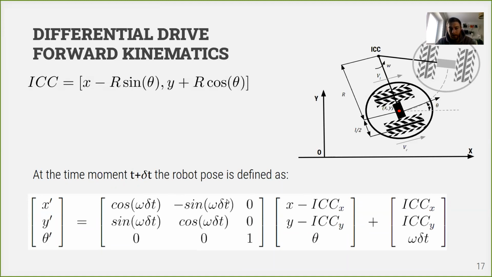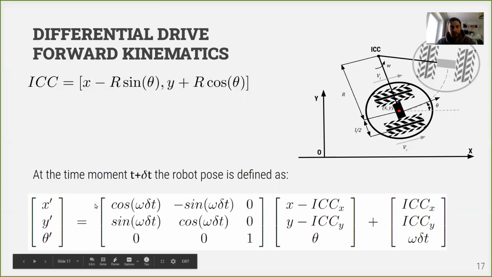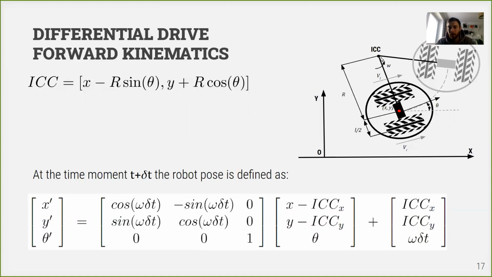So omega delta t is just the increment of orientation of the robot. So using angular speed and delta t, we can compute how much the robot will rotate. And then just using simple geometry, we can recover the future pose because we know that the robot is moving around the instantaneous center of curvature.